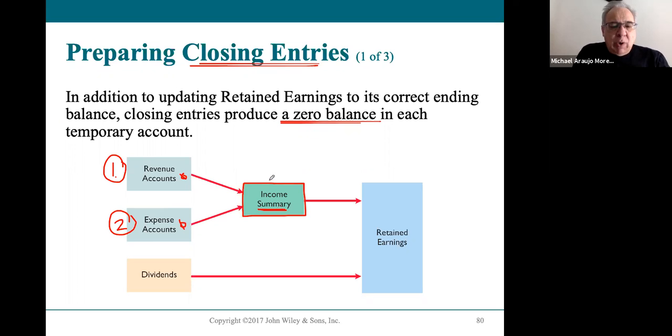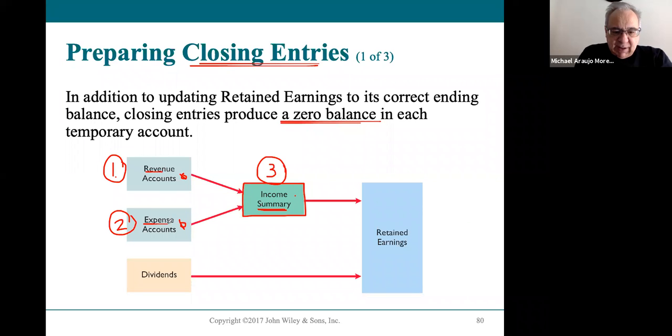Okay. What's left now is the third step. This income summary account, which was a temporary account in which we needed to throw in all of the revenue and throw in all those expenses so we can close those accounts, is no longer needed. But what's sitting in income summary? All the revenue is sitting on one side.